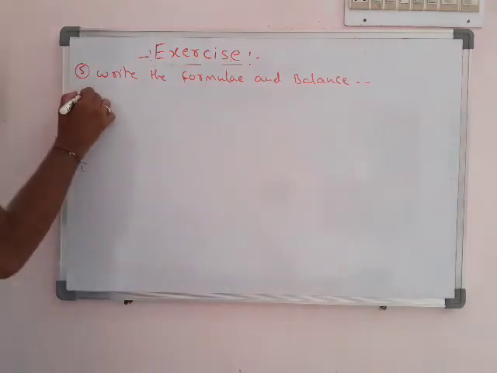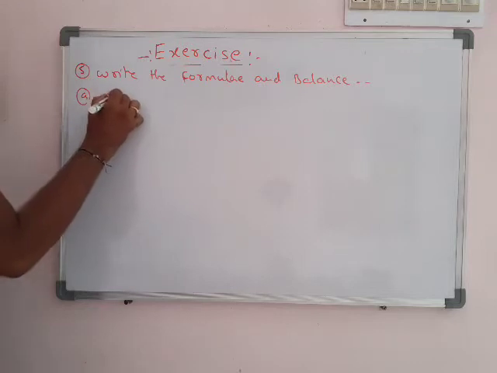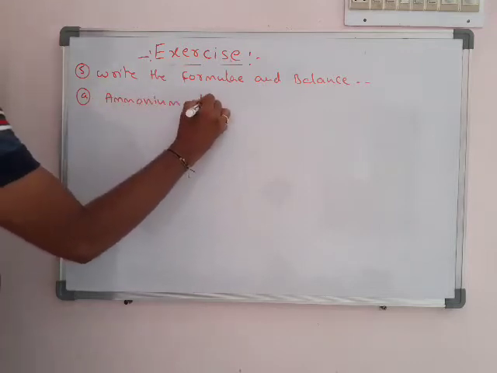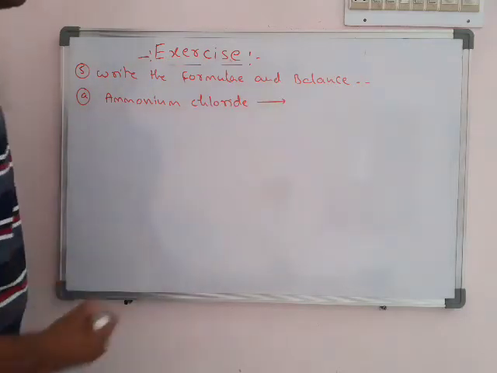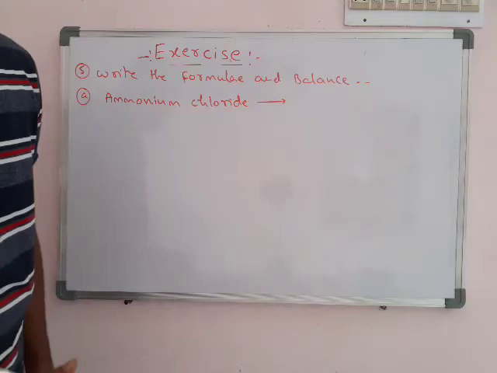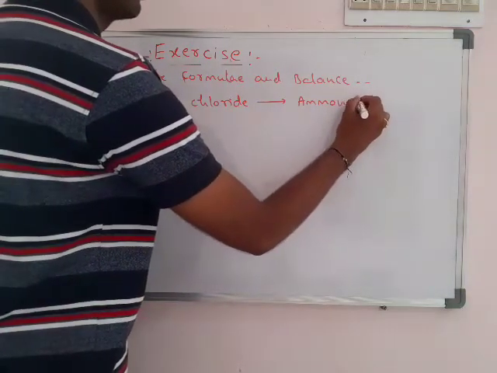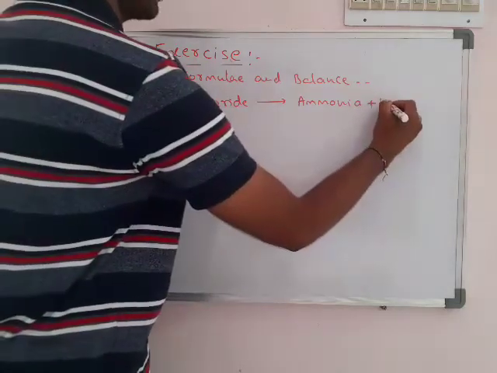Here it is given in terms of names. So we need to write those formulas and balance that equation finally. So one equation is given in terms of names. Ammonium chloride gives ammonia and hydrogen chloride.